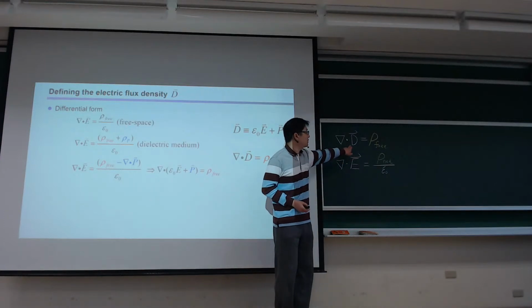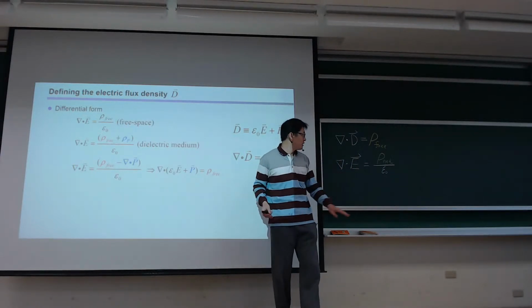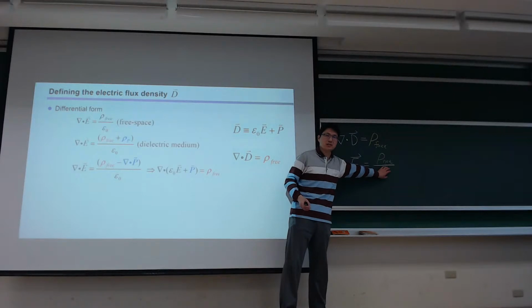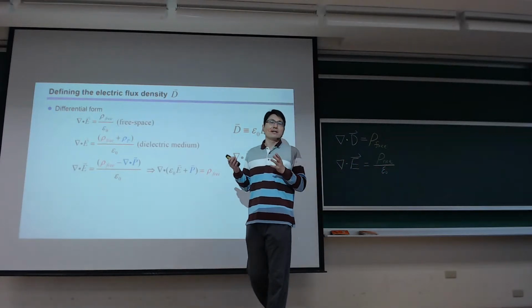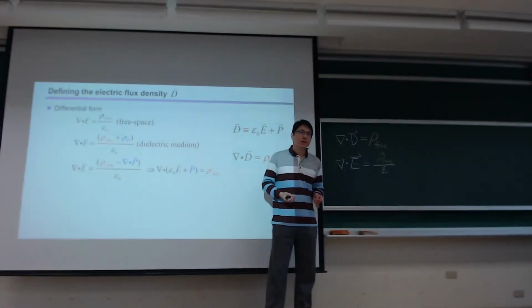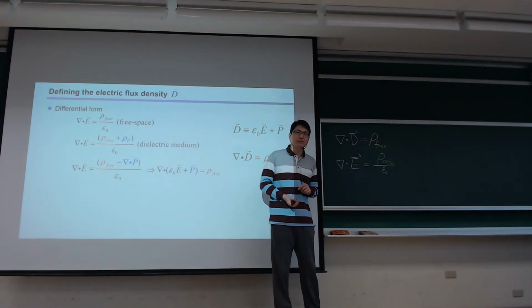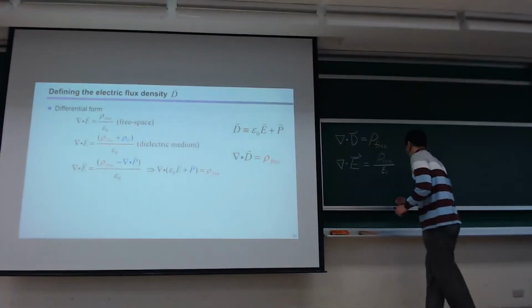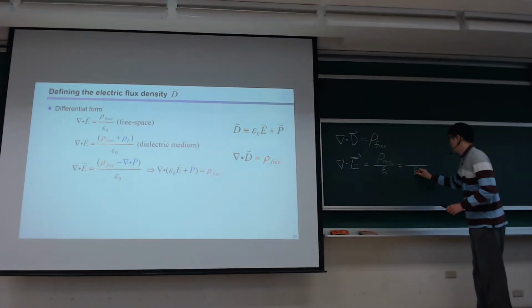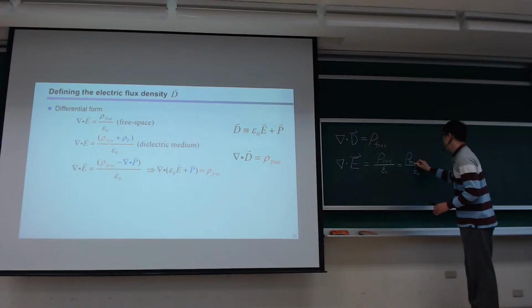If I only care about the amplitude of D as compared to the amplitude of E, if I don't care about this constant, which one can be smaller? When I was a student, I looked at this definition, and because I don't care about epsilon 0, rho free plus rho p, right?